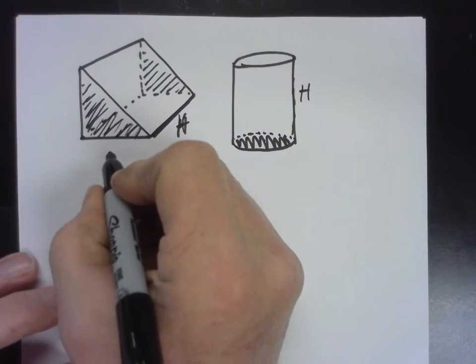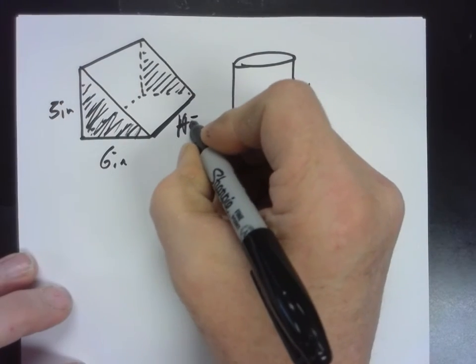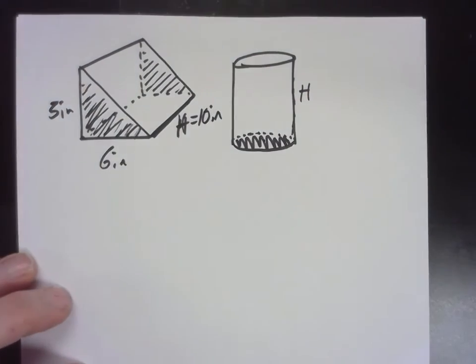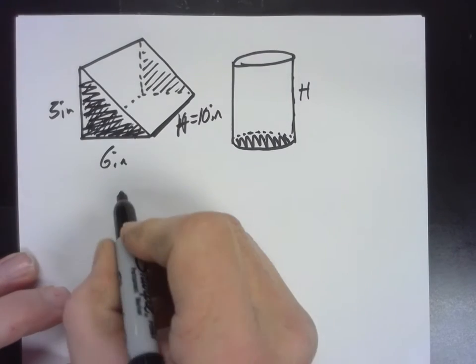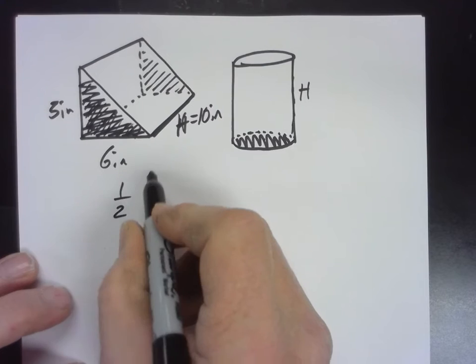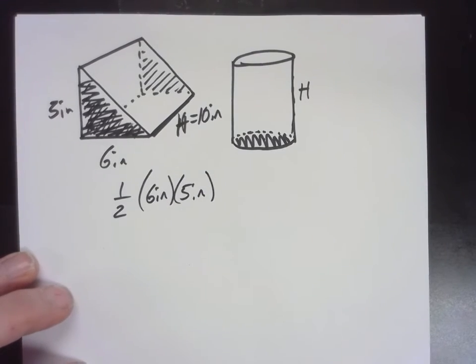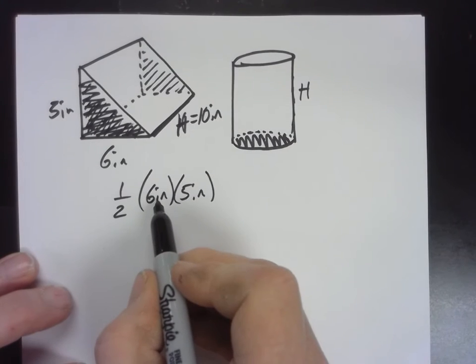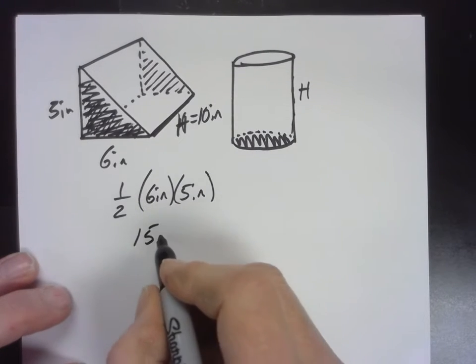So let's say this is 6 inches by 5 inches by 10 inches. Can we find the area of this base, guys? Half, right? Yeah. 6 inches times 5 inches. It's half of 6 times 5? 15. 15, what kind of inches? Yeah, square inches.